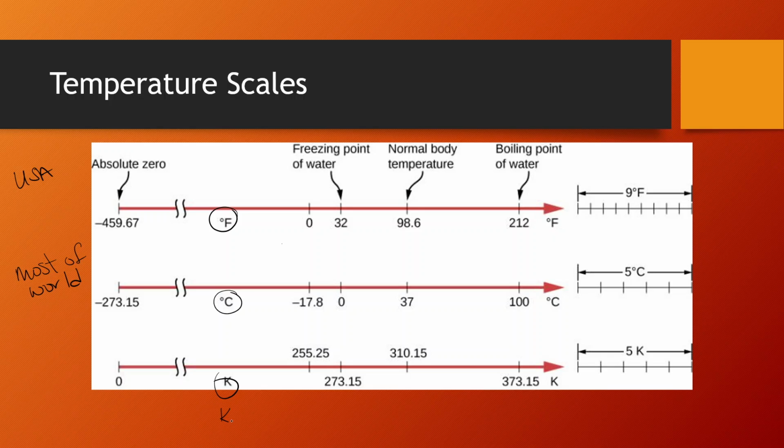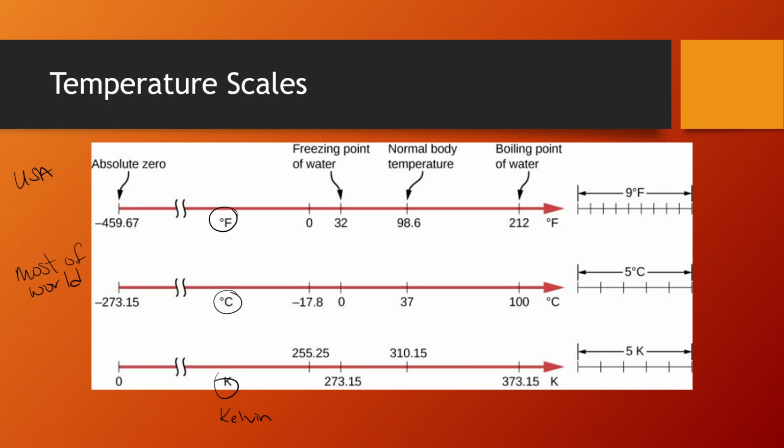So this is Kelvin. And on the Kelvin scale, the normal body temperature would be 310.15 Kelvin. Notice that I'm saying 310 Kelvin and not 310 degrees Kelvin. There is no degree sign, so it's just Kelvin.